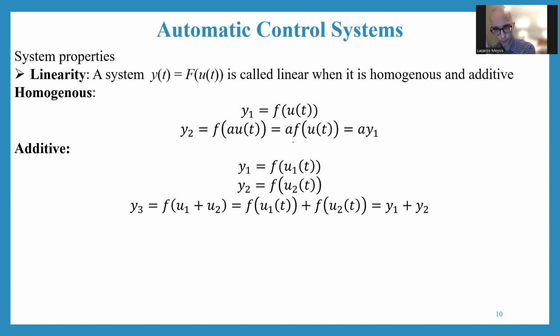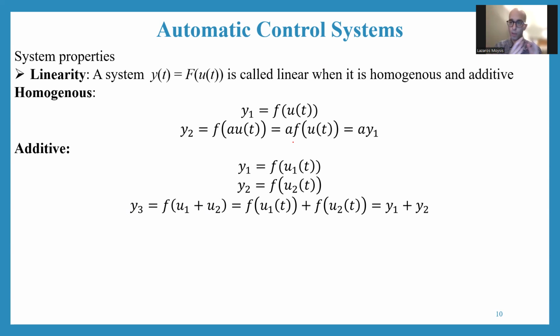Nice. So now let's say I make this experiment again, but I provide a scaling of this input to the system. So let's say I multiply my input by some factor alpha and I feed it into the system. If the system is homogeneous, the output of this system is going to be the exact same output that I had earlier, scaled by the same factor.